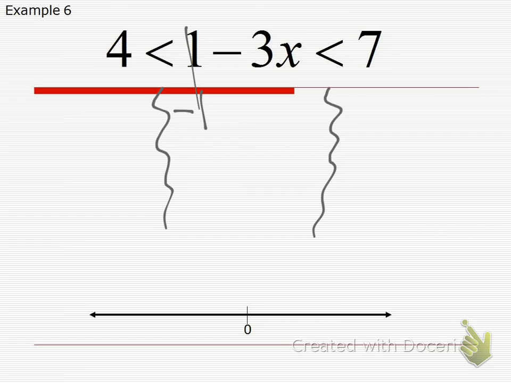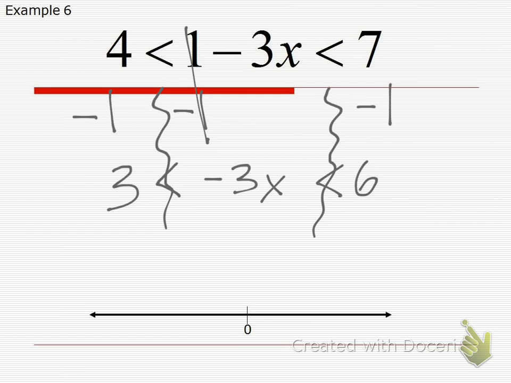So you can subtract it from the middle, you can subtract it from the left, you can subtract it from the right, if you want to do it all at once. I'll show you how to do it separately in a second, but I like to just take care of it all at once. So this would be 3 less than negative 3x less than 6.